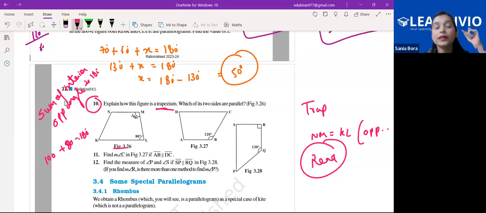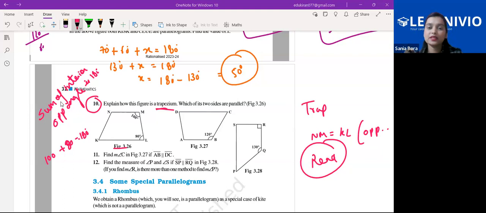See, in the parallelogram, the sum of adjacent angles should be supplementary. In a trapezium, the sum of opposite angles should be supplementary. Clear? Got it, everybody? And K is equal to 80 degrees. Gauri, Chakrika, Khadija, Sindhu, Naisha, everybody got the property of the trapezium?